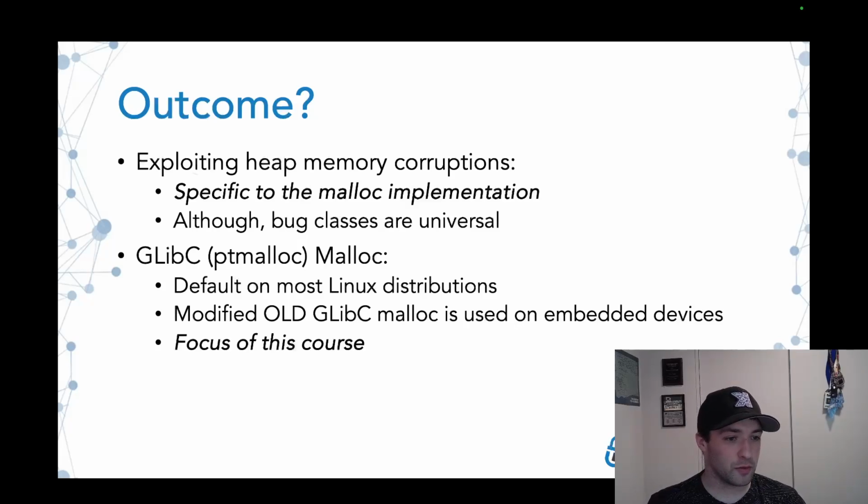A modified older version of libc called uClibc is also used quite a bit, although I was looking at a device recently, and it was just using glibc 2.31, which came out like 3-4 years ago, something now. Anyway, exploiting heap memory corruption vulnerabilities is specific to the heap implementation, which is why knowing the internals is so important, although the bug classes between them are universal. And just to make it clear, the focus of this course is glibc malloc heap exploitation.